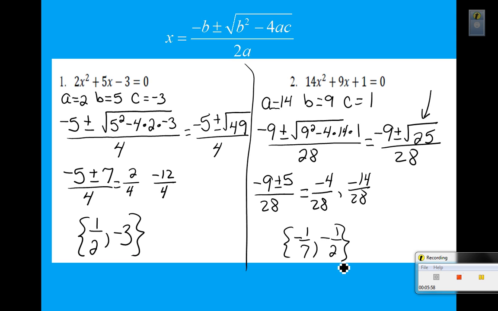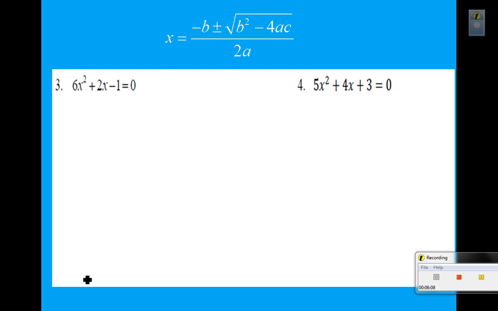So there's the quadratic formula. The only thing I'm going to change is the number underneath the radical. So here goes our next one. In this case, my A value is 6, my B value is 2, my C value is negative 1. Let's plug those in.